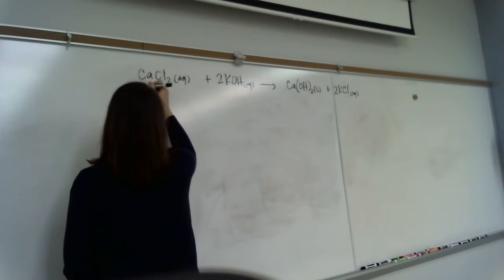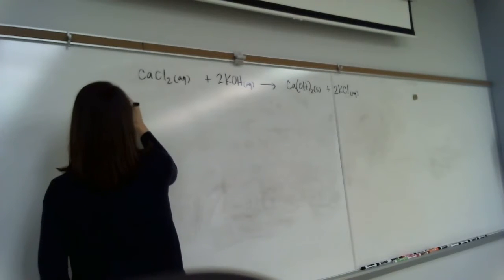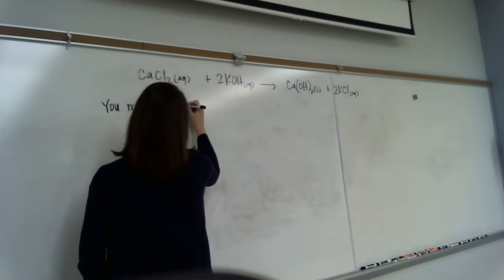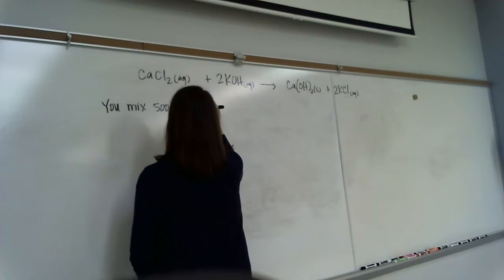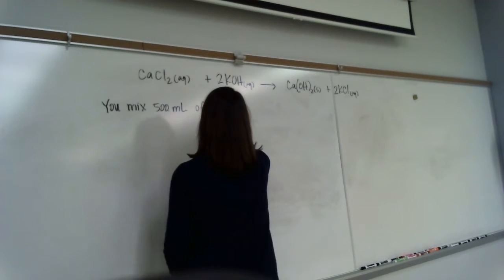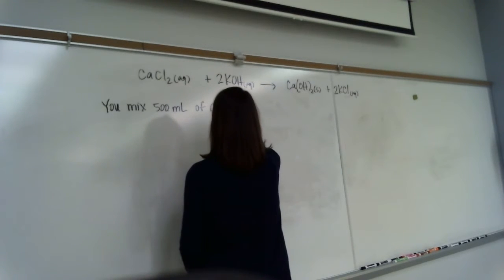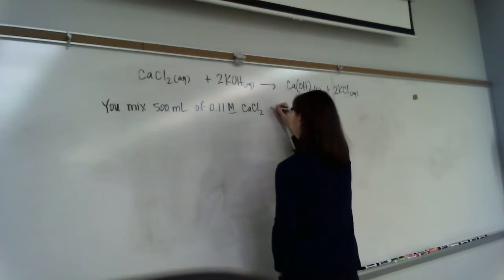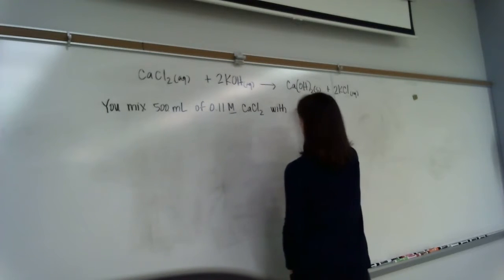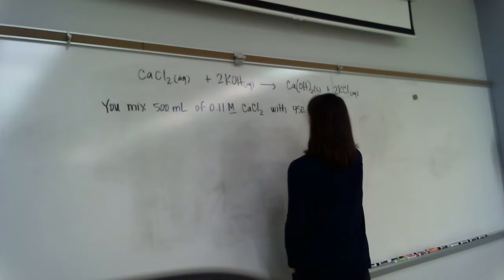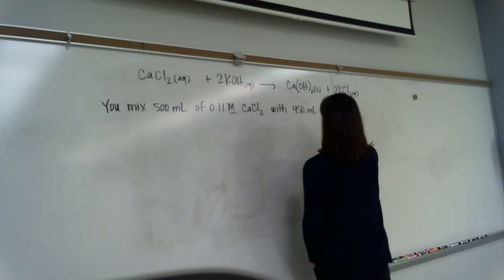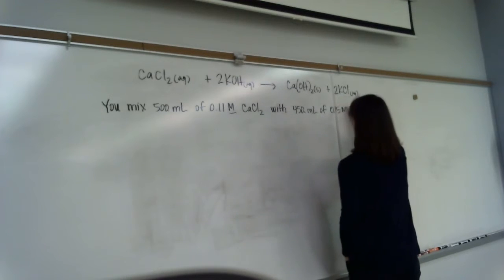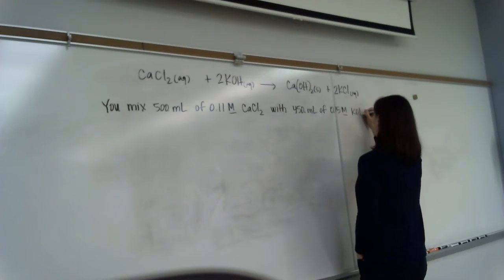Okay, let's pretend that the problem says you have 500 milliliters of 0.11 molar CaCl2 with 450 milliliters of 0.15 molar KOH.